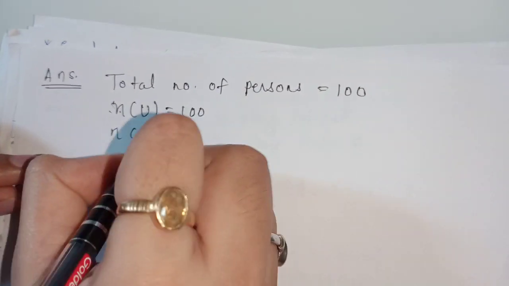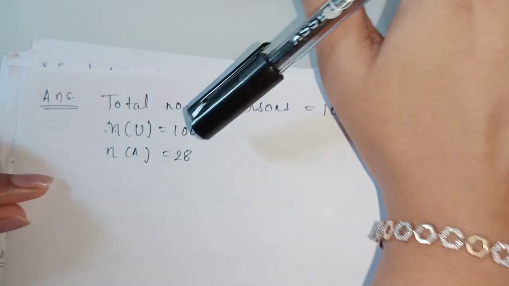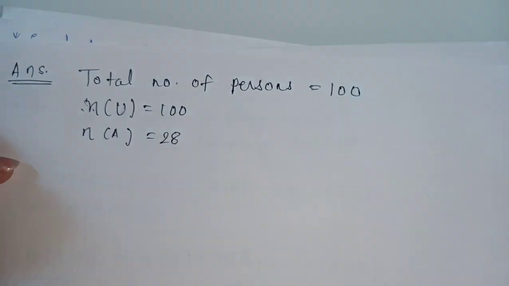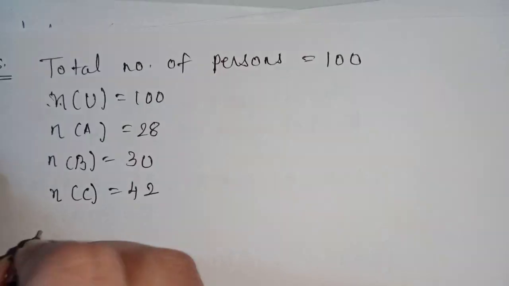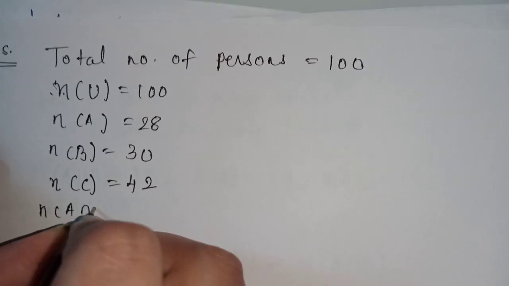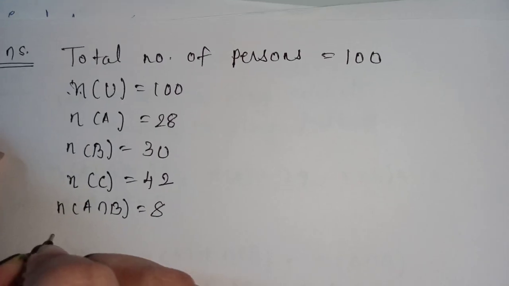Number of A is equal to 28. Number of B is equal to, I will take 30. Number of C is equal to 42. Number of A intersection B is equal to 8.